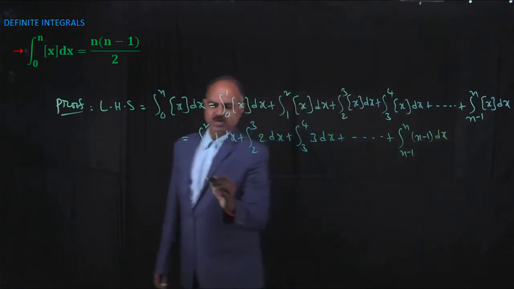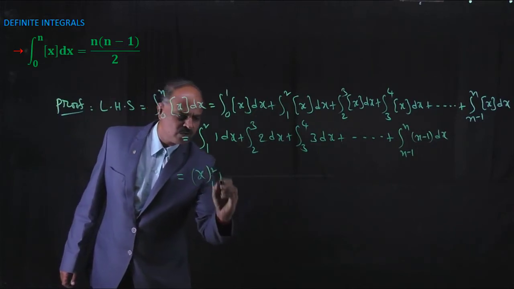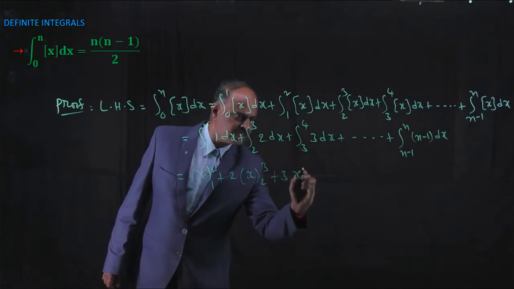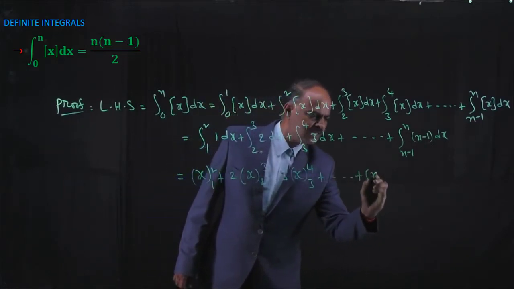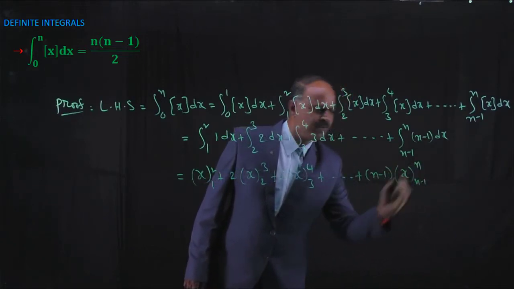Now this is equal to, integral dx equal to x, so x with limits 1 to 2 plus 2 times x with limits 2 to 3 plus 3 times x with limits 3 to 4 and so on plus (n-1) times x with limits n-1 to n.